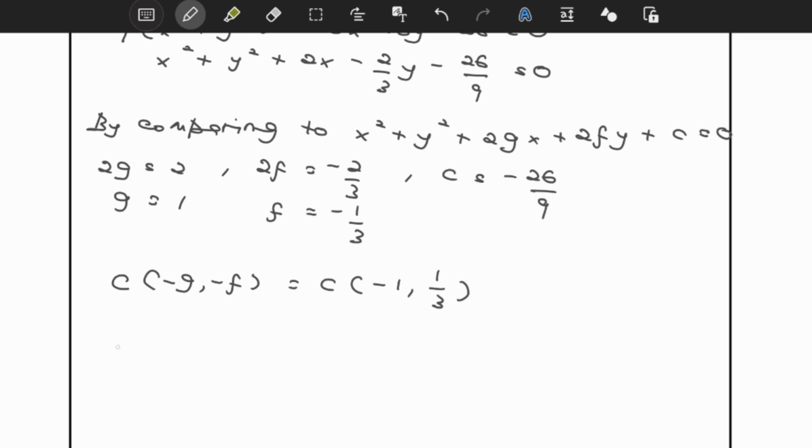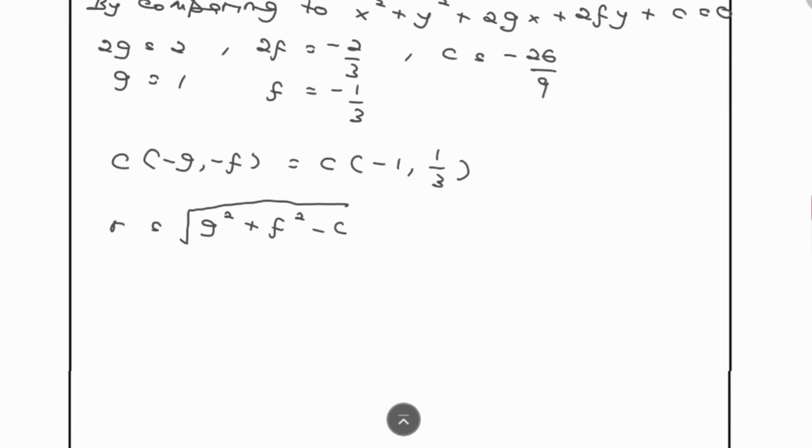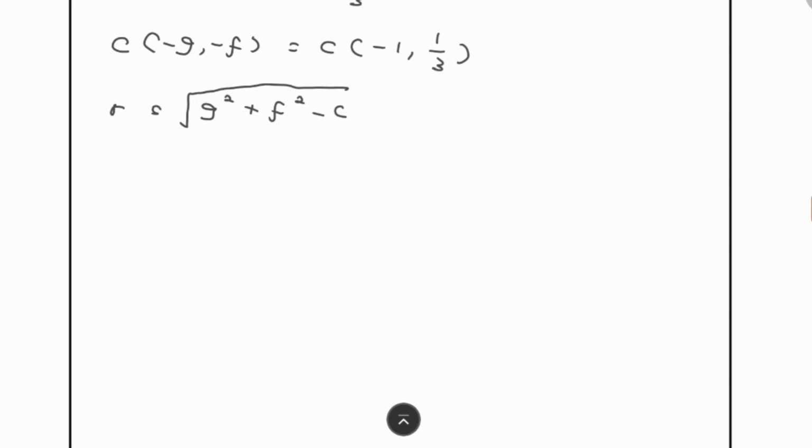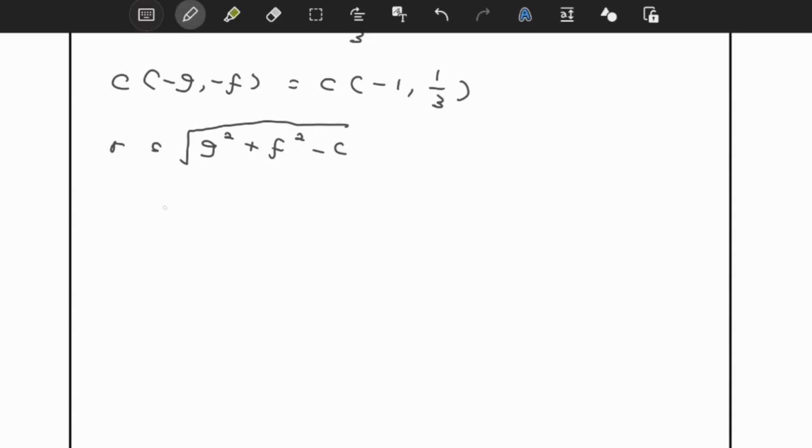We need to use the formula r equals the square root of g squared plus f squared minus c. Let's substitute everything into the formula.